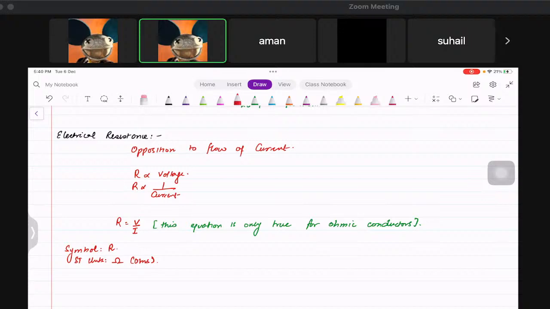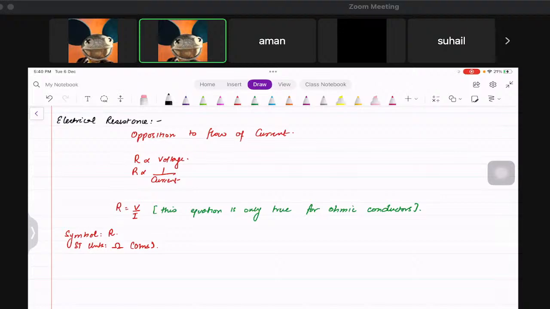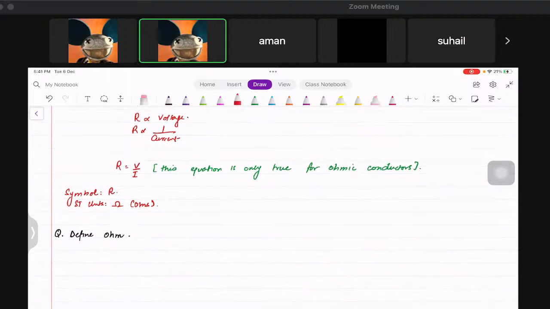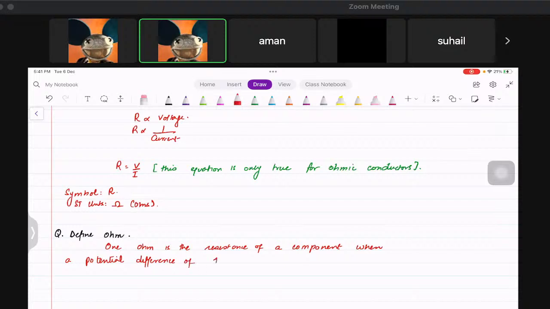All right, now, technically then, there will be a question where they will say define ohm, and when this question comes, you're going to say that 1 ohm is the resistance of a component when a potential difference of 1 volt drives a current of 1 ampere through it.